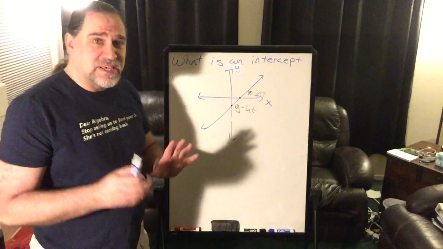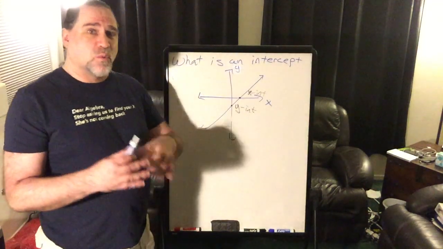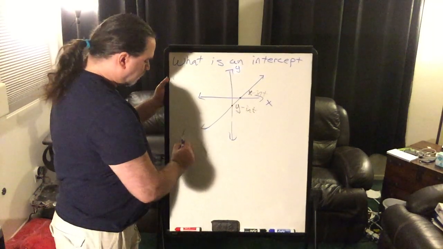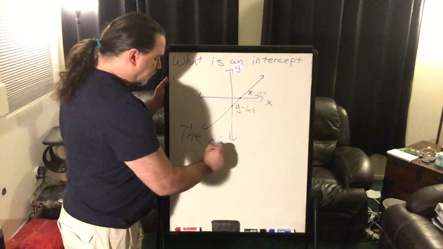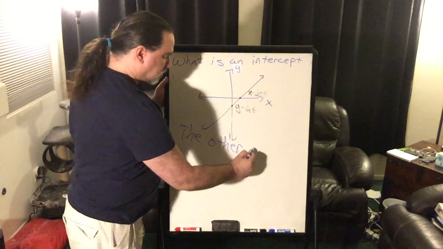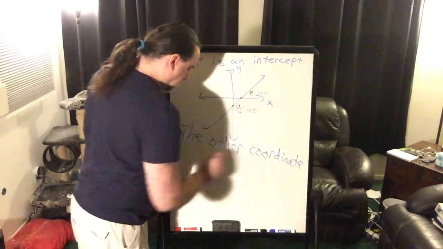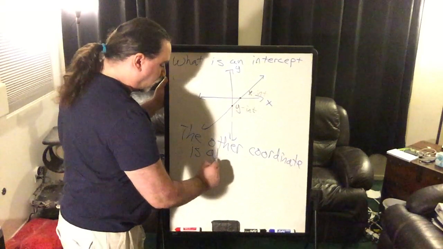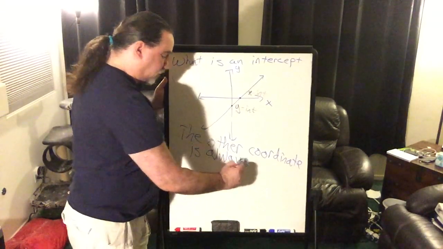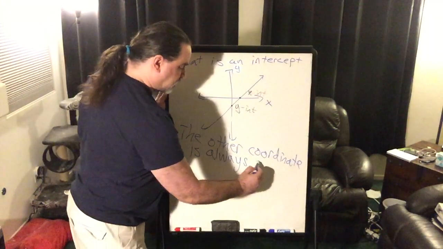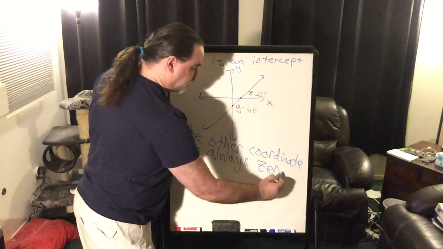Another aspect of the intercept is really important. When you're talking about an intercept, the other coordinate, meaning the x or the y, is always, and there are very few always in math, but it is always 0.